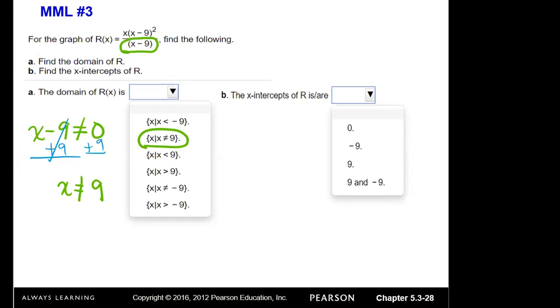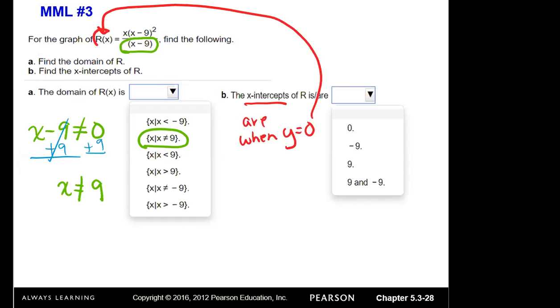And the next one, what are the x-intercepts? Okay, the x-intercepts are when y is equal to 0. So we are going to stick a 0 right here. We're going to say 0 equals x times x minus 9 squared all over x minus 9.